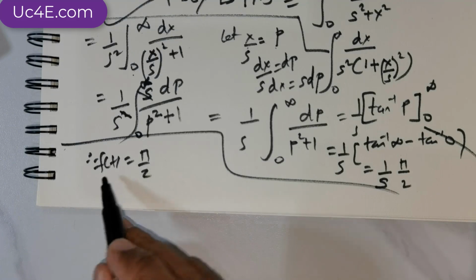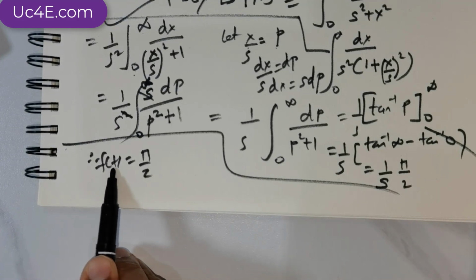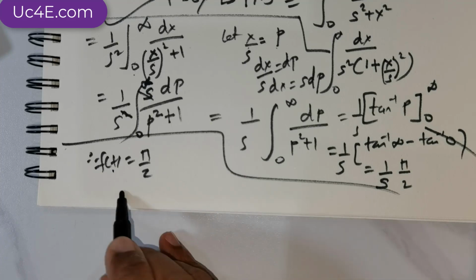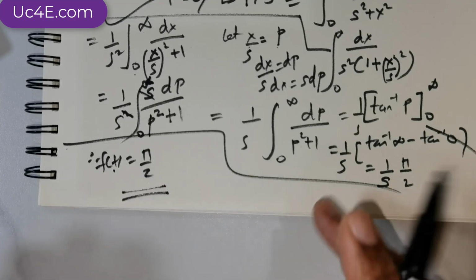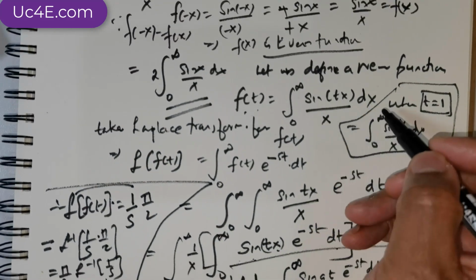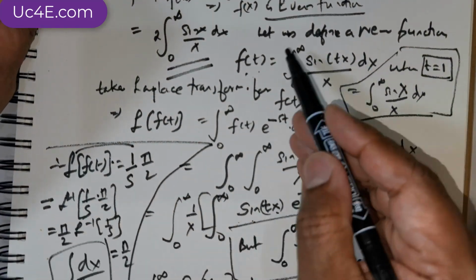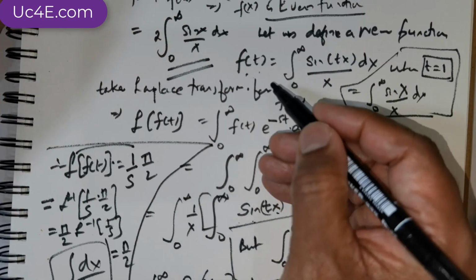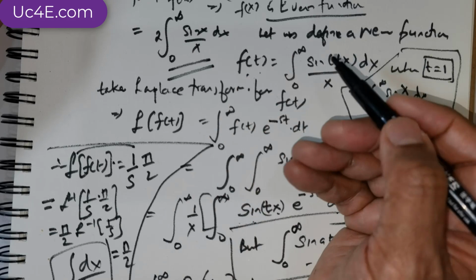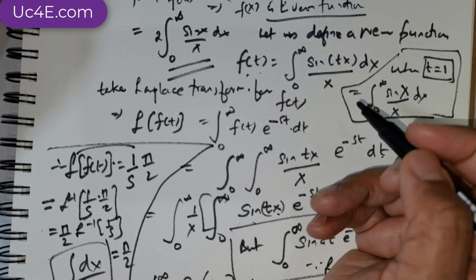Now what does that mean? No matter what the value of t is, the outcome is going to be pi over 2. There is no t involved here at all, so this is going to be a constant. Irrespective of the value of t, the function is going to give me pi over 2.